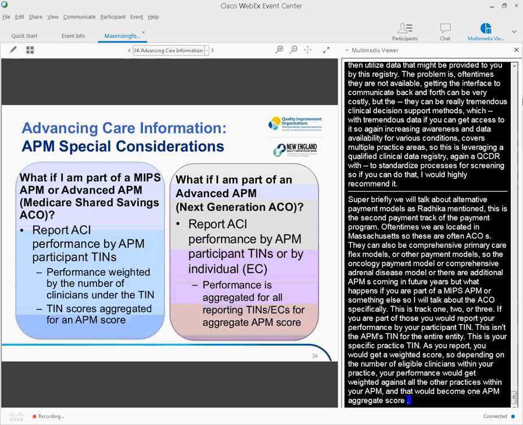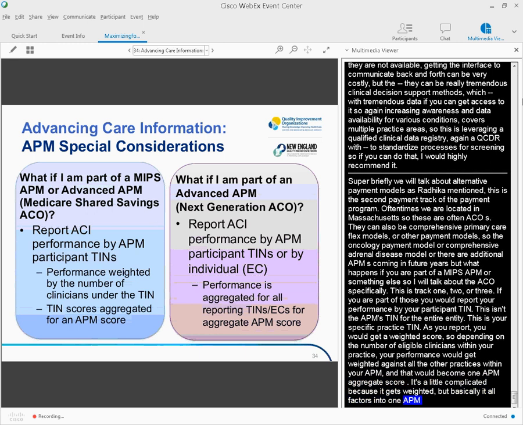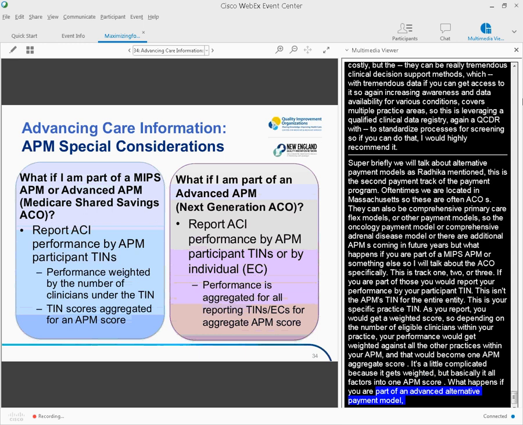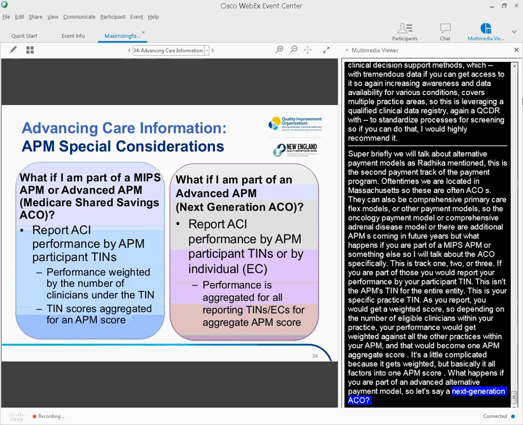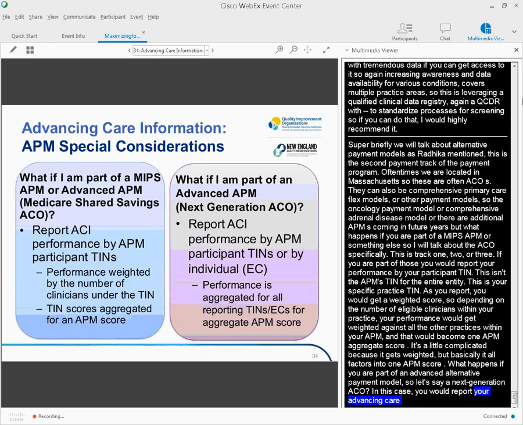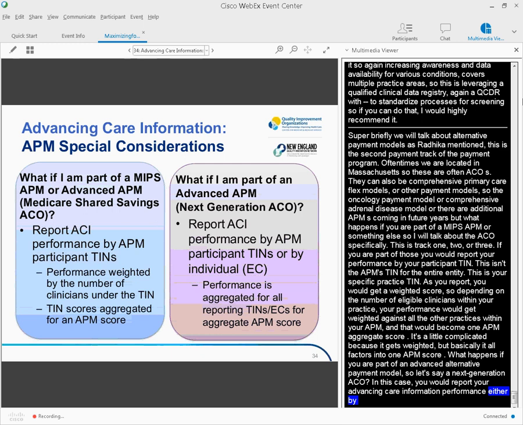Now, what happens if you're part of an advanced alternative payment model? So let's say a Next Generation ACO. In this case, you would report your advancing care information performance either by participant TIN or by individual. You have the opportunity to select one or the other. And then your score just automatically gets aggregated. There's no reweighting there.